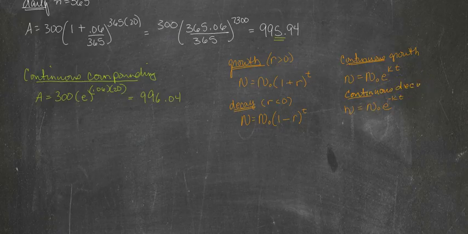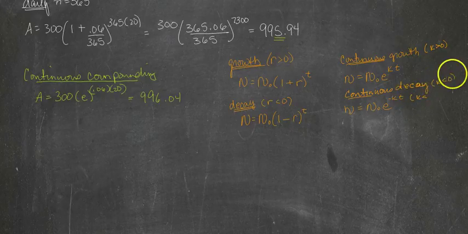Where the only difference is the sign on K. K is greater than 0 or K is less than 0.